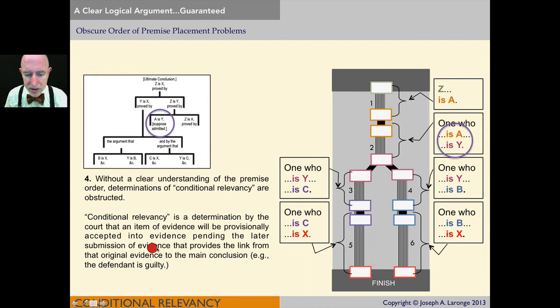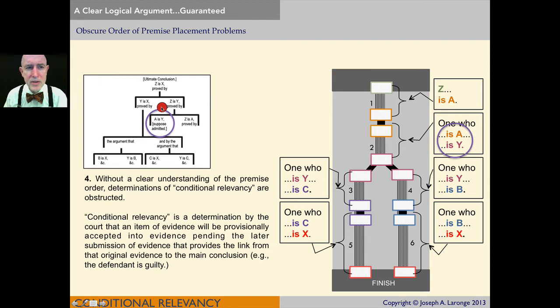So you notice the court, for example, is saying, okay, I'll allow for now evidence of A as Y. Conditionally, we'll say it's conditionally relevant. But then the court or the audience is waiting for you to provide the link from this evidence to the main conclusion.